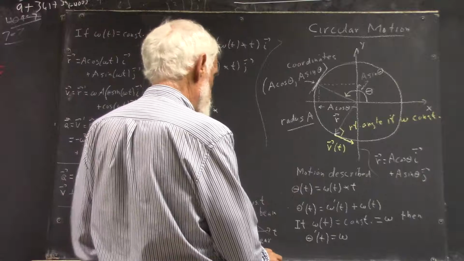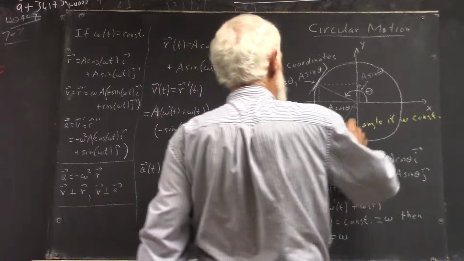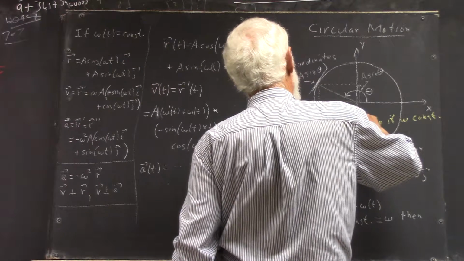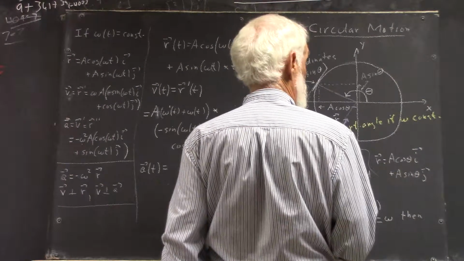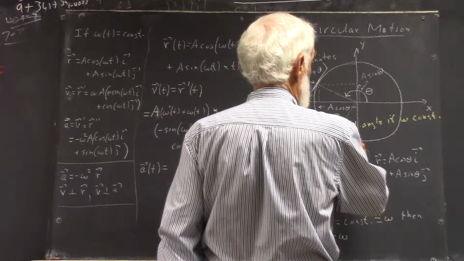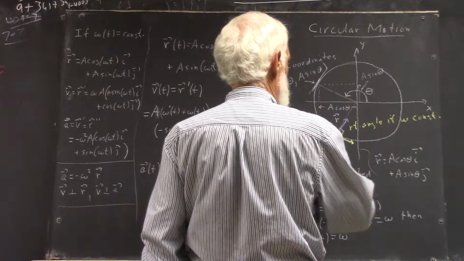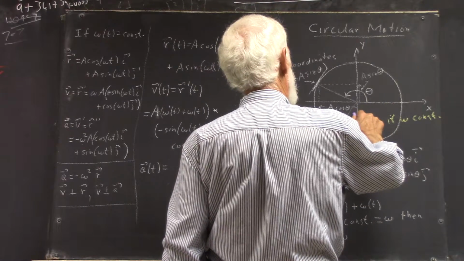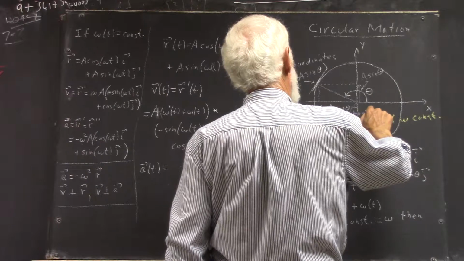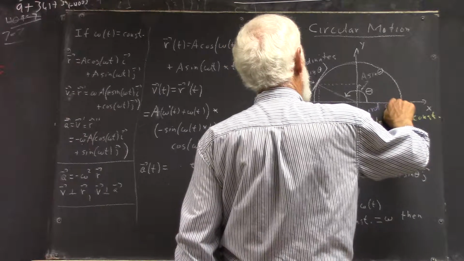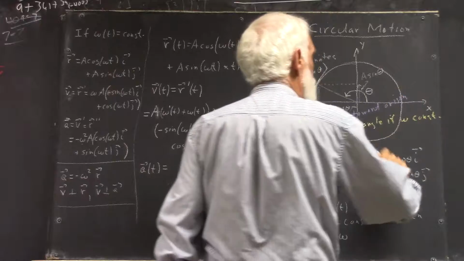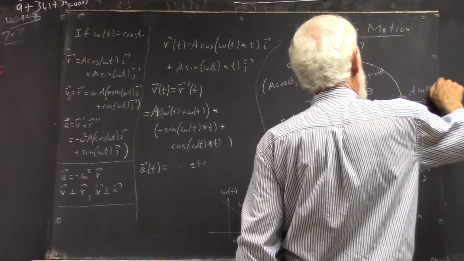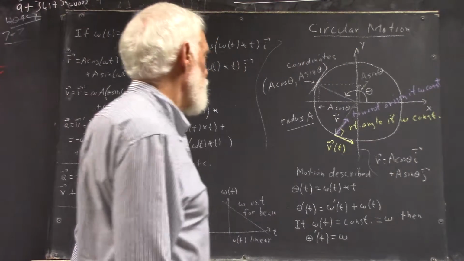And also for constant angular velocity, your acceleration, which is in the opposite direction to r, it's negative omega squared r, is also orthogonal to v of t. And this is toward the origin if omega, again, is constant.